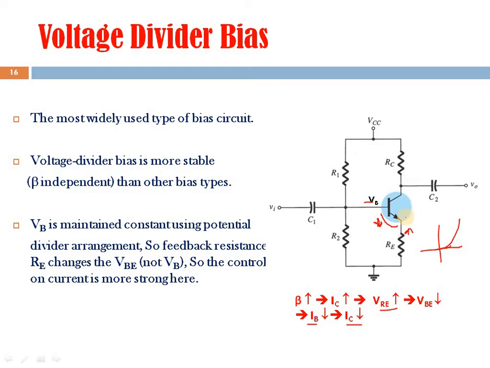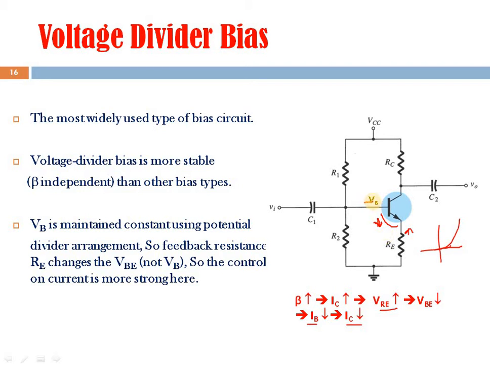That's why this kind of situation, where instead of changing VB you are changing the base emitter voltage, is more effective in reducing collector current, even when beta is increasing. So that's why this arrangement offers more stability.